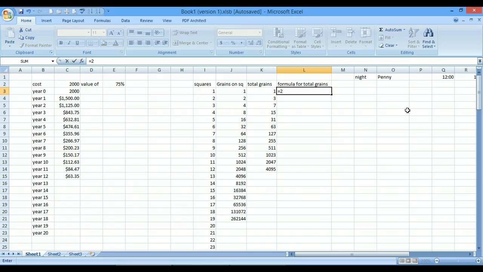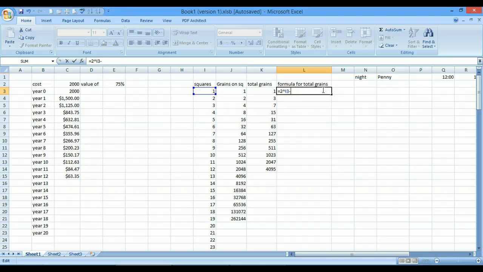Still using a base 2, so I want to raise 2 to something. Well, if this one is the next doubling and I subtracted 1, let's go ahead and use this without subtracting 1. But that only gives me 2 and I want it to be a 1.